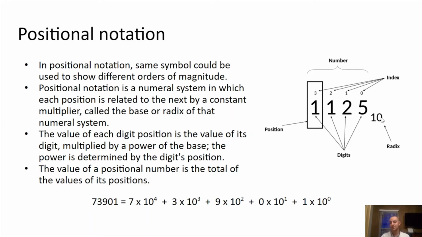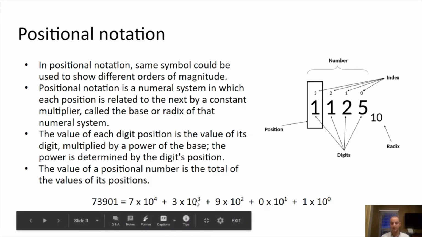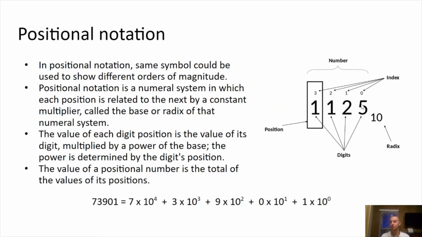But let's say this base was different and you wanted to calculate the value in your decimal system. The way that works, you see in this example. When the digit is 5, what I'm actually doing is 5 times 10 to the power of 0. Any number to the power of 0 is 1.